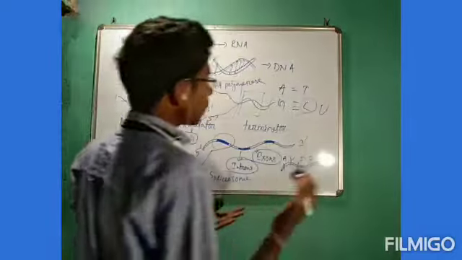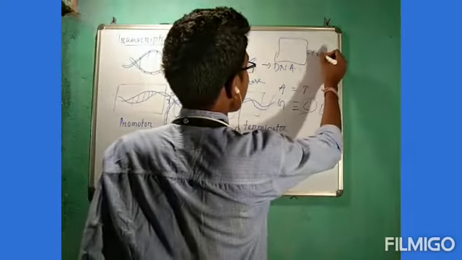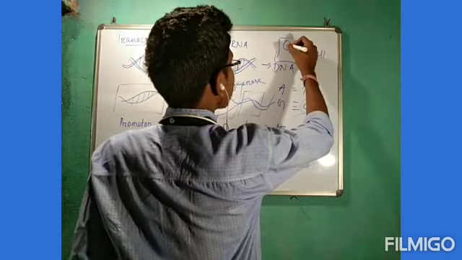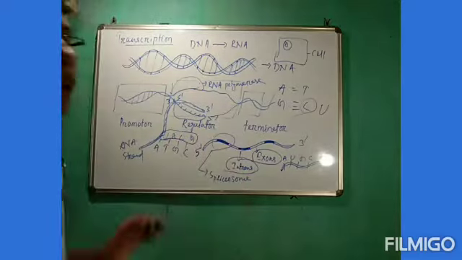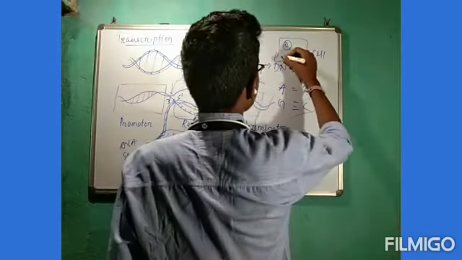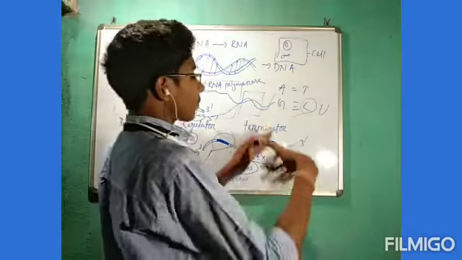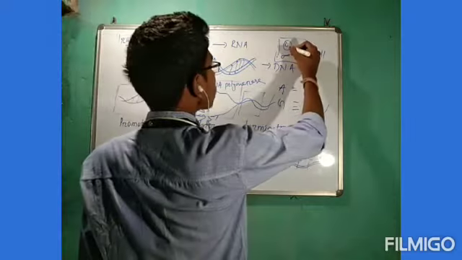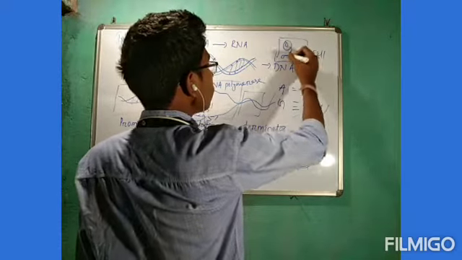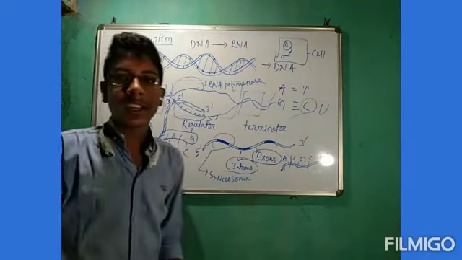That means, as I told you in a video, in a cell inside the nucleus DNA is present, but RNA is present in the cytoplasm. When a complete RNA sequence is transcribed by the process of transcription, it comes out from the nucleus to the cytoplasm. This is about the whole process of transcription.